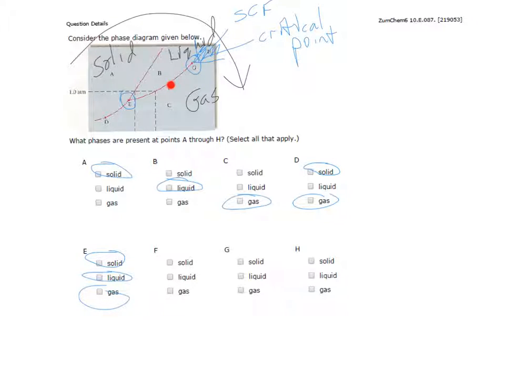At point F, we're right on the border between liquid and gas. That would be a point where the substance is either boiling or condensing.